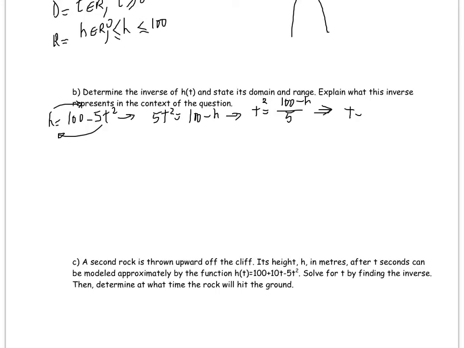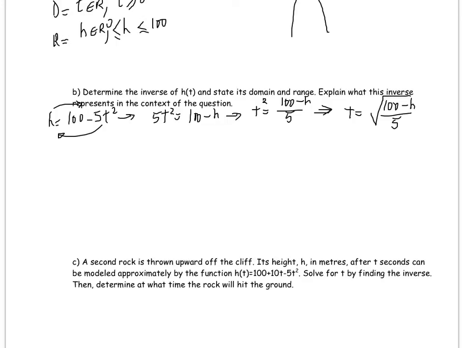So t is the square root of (100 minus h) over 5. You may have a tendency of putting plus or minus, but since time is always positive, I'm not going to include the negative symbol here.